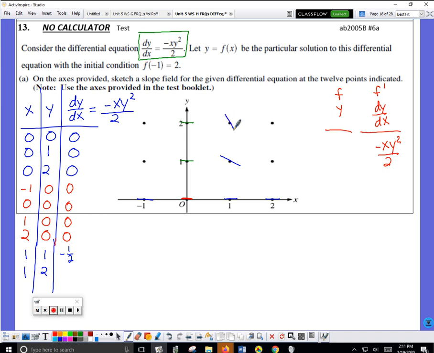You have to be accurate or they will take away the point. That's a slope of -2. The slope of -1 would have looked more like this. They have to be able to see the difference. That's enough different, they can tell.